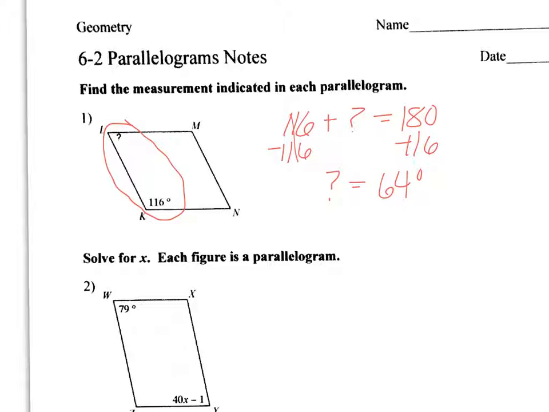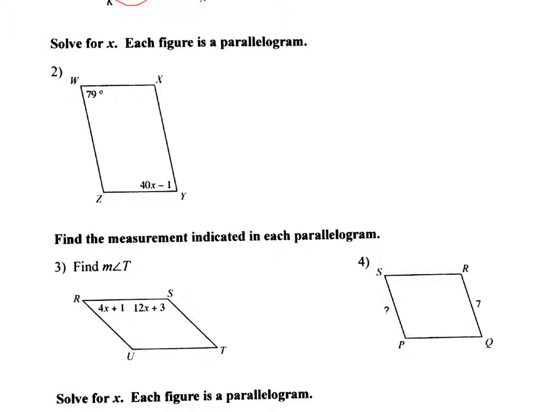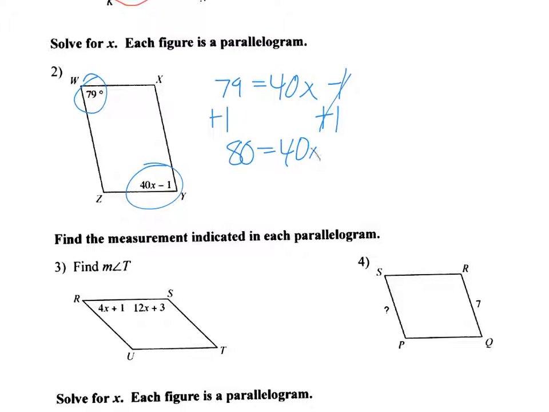The next one. These are opposite angles, and opposite angles are congruent or equal. So 79 equals 40x minus 1. We add 1 to both sides, get 80 is 40x. Divide by 40, and that gives us 2 is x.